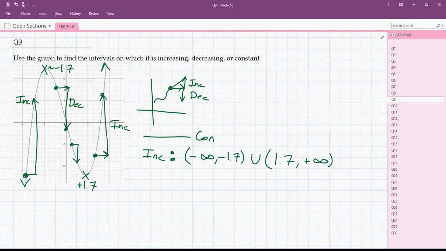So on this segment over here, on the left-hand side, it's increasing. And on the right-hand segment, it's also increasing. And the only part that it's decreasing would be this middle part over here, where it's kind of rolling downhill from -1.7 to +1.7.